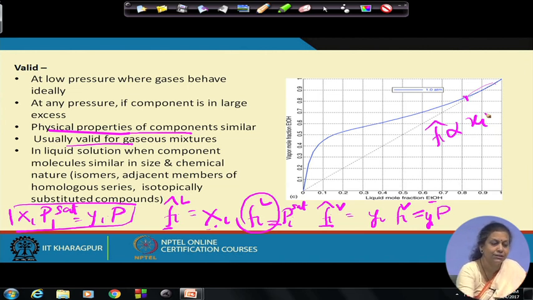Now, let us notice the other extreme, when the component is in very small amount. Just observe this portion. We find that in this case the slope or the nature of the curve is completely different as compared to this case.